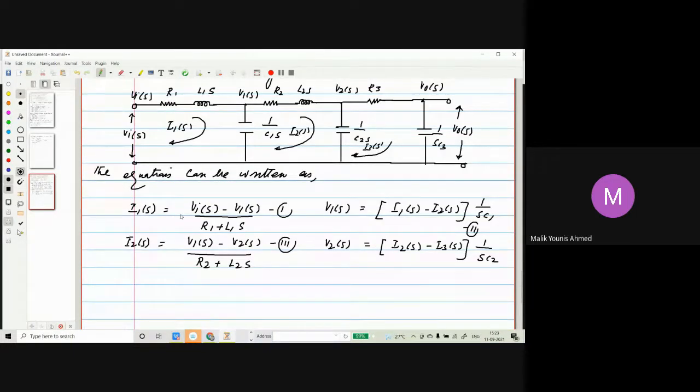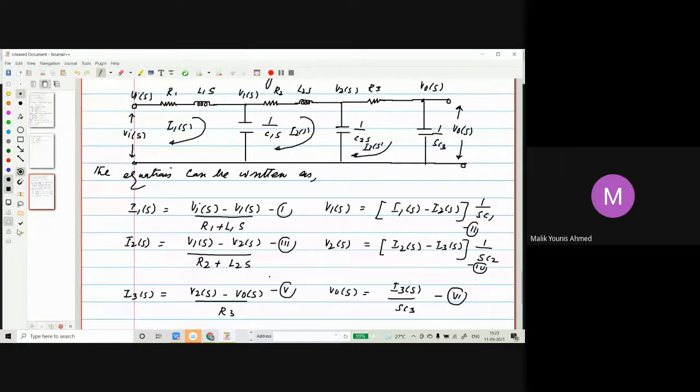Now after that, I'll find I3 of S. I3 of S will be V2 of S minus V0 of S divided by R3. Let's call it equation number 4. Then finally V0 of S: the current flowing through this is I3 only and the impedance is single only, so I3 of S divided by SC3.